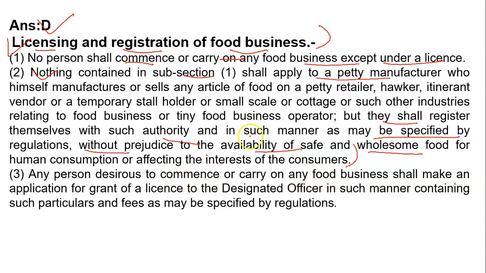Now he is saying that a petty manufacturer can run its business without getting a license, but he has to register himself with the authority, right? So according to this licensing and registration, no person can do business in India without getting a license or without registering himself with the authority.